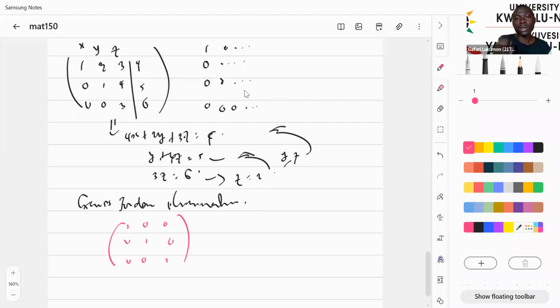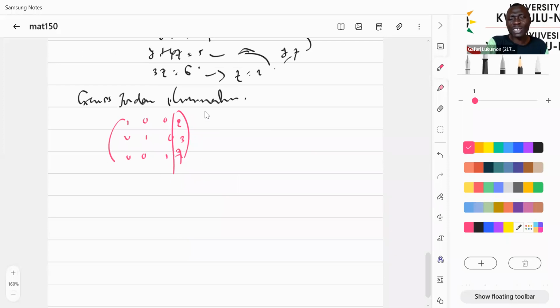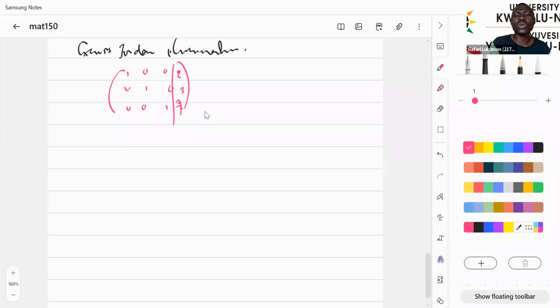You understand now? At the end of the day, you can say that your Z will be 7, your Y will be 3, and your X is 2. So we discussed this last week. But today, how do you now find the inverse of a matrix by row reduction? Before I start, what do I mean by the inverse of a matrix? You know, the inverse of a matrix A.